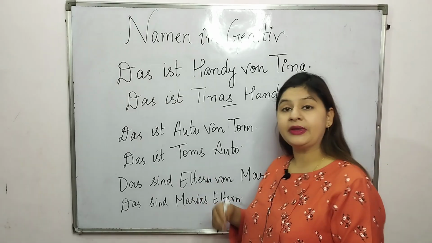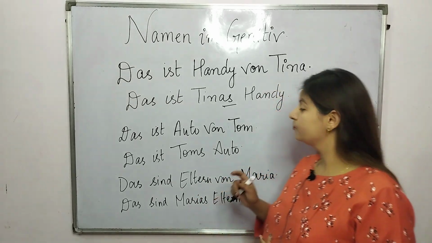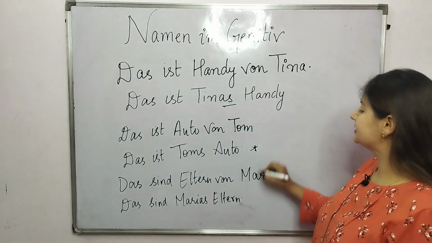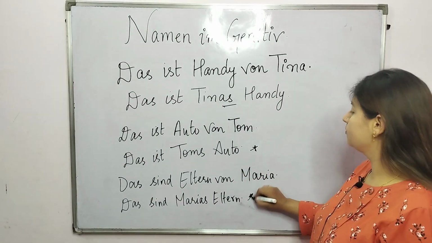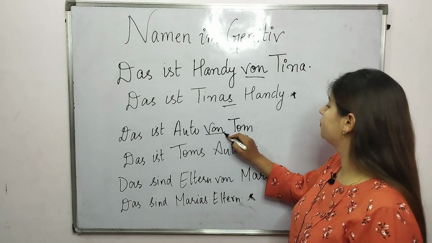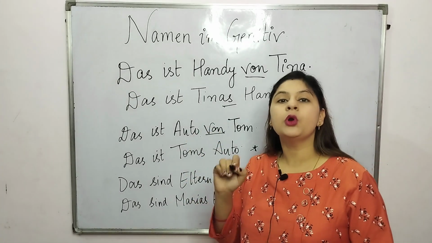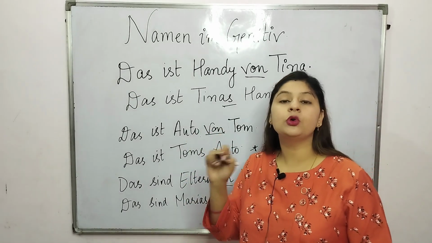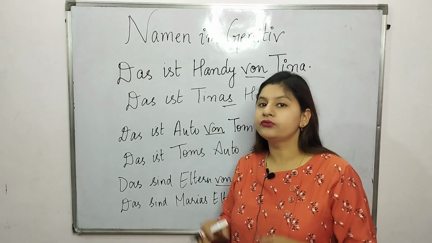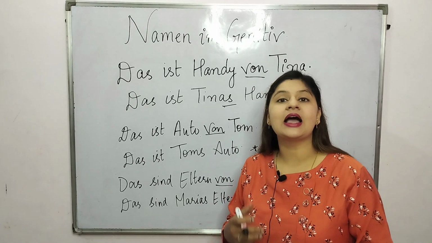They are Maria's parents. So here in the second sentence we remove the preposition von and instead of preposition von we put s at the end of the name. Tom's, Maria's, Tina's.